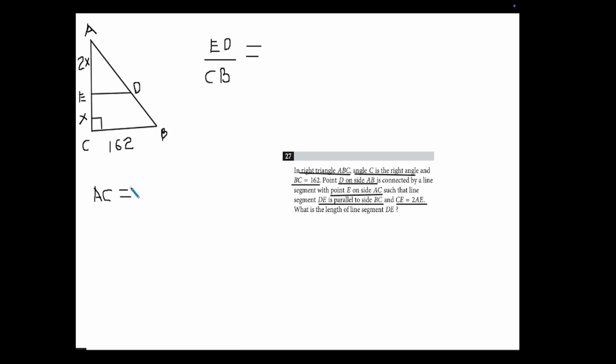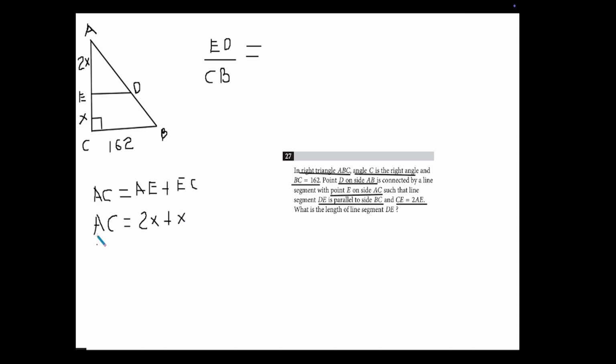So we want to find our whole, which is AC. And AC is made out of AE and EC. So we're going to add these two together. So we're going to have AC is equal to AE plus EC. And now we're going to convert that into their variables, which is 2x and x. So AC is equal to x and EC is equal to 2x.